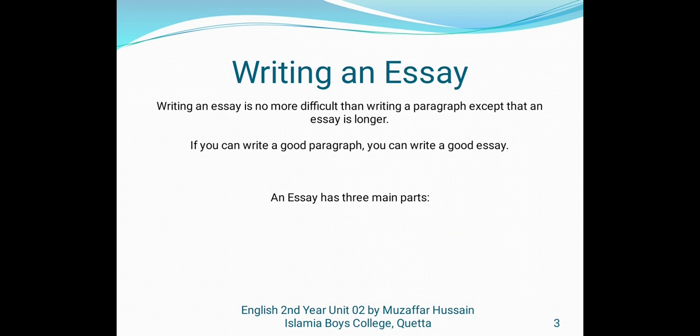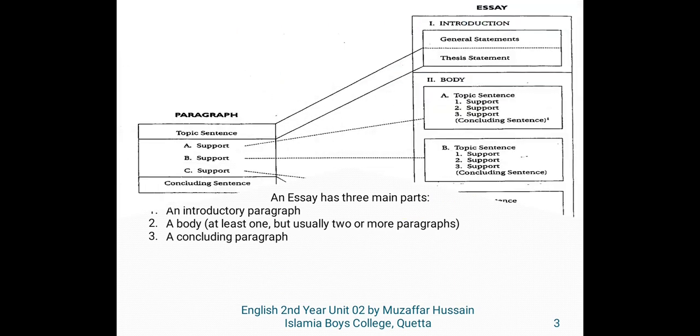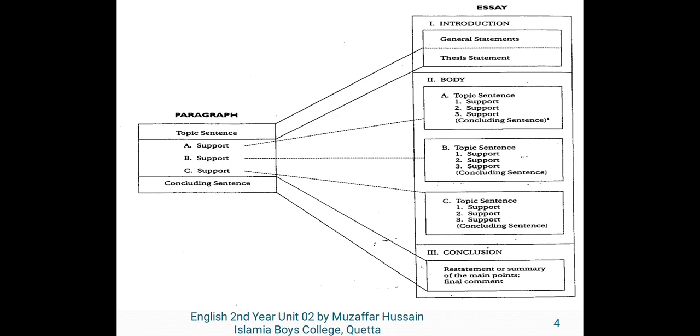An essay has three main parts: number one, introduction; number two, body of the essay; number three, a concluding paragraph. These are the three main parts of the essay. Now this is a comparison between a paragraph and an essay.